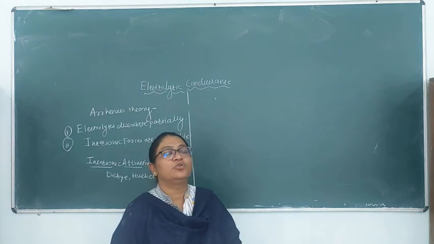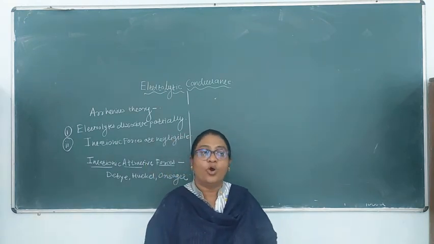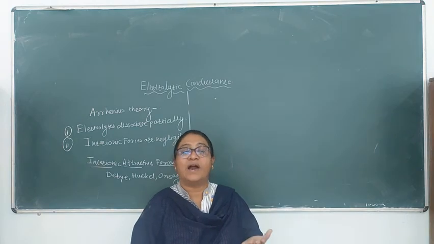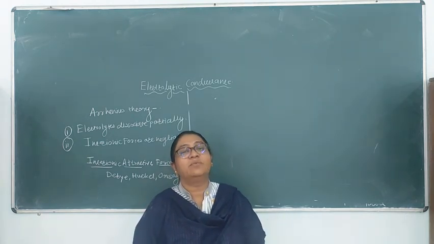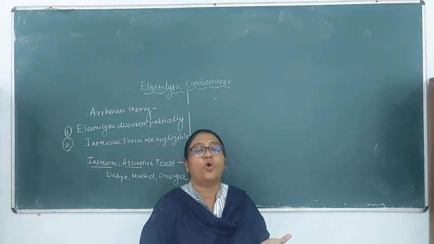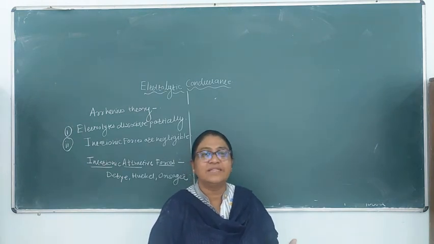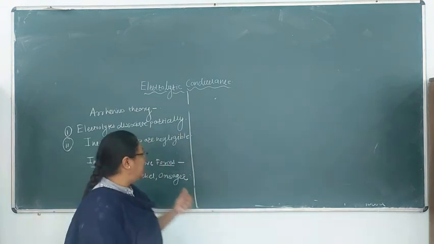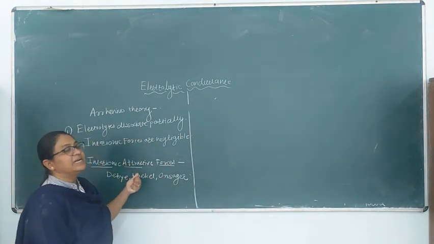Actually, the strong electrolyte will dissociate completely. On increasing the concentration, the number of ions must increase, and as the number of ions increases, conductance must also increase, but this is not observed. So why is this so? That is explained with the help of interionic attraction theory.